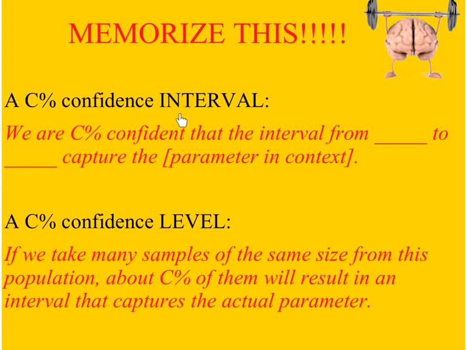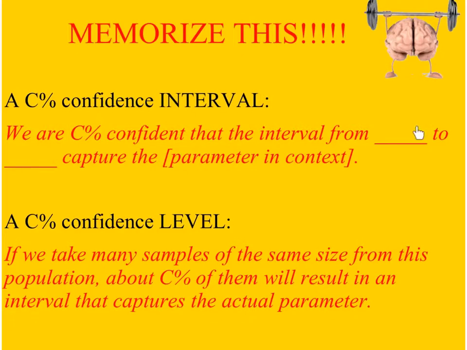Now, that's interval. Let's talk about level. So if we take many samples of the same size from this population, about 95% of them will result in an interval that captures the actual parameter. So this is a more broad, methodology type definition, and it really has to do with not the actual interval.